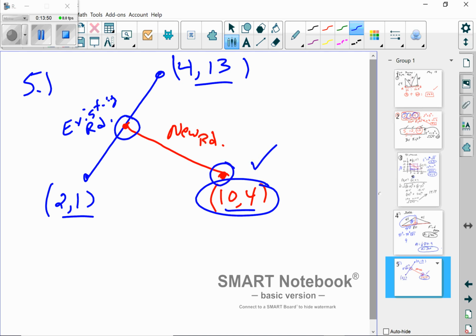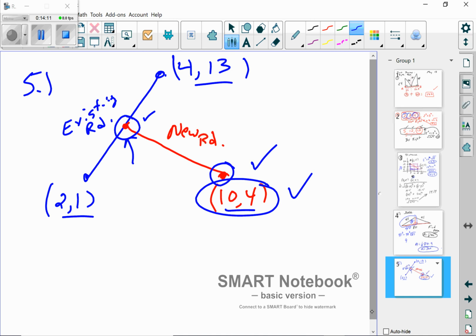I got this one, but I don't have this one. When the problem, it told me that this red point right here is on the middle of this road. It's the midpoint. So if we could find the midpoint of this point, of this line, that point, then we can use that ordered pair and this ordered pair on the distance formula to find the length of the new road.